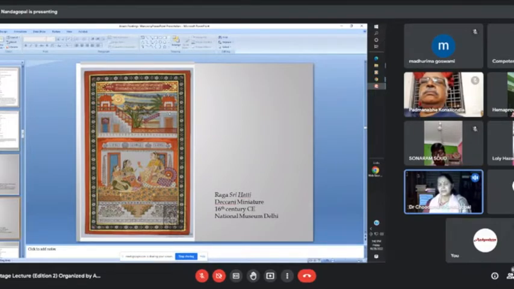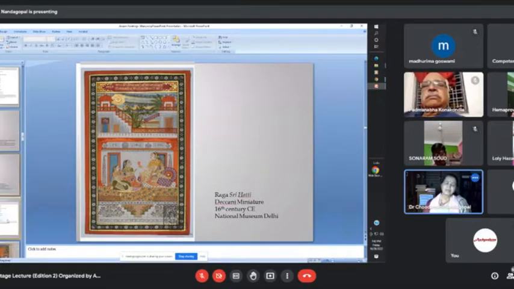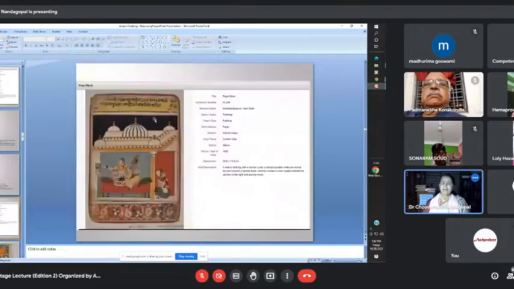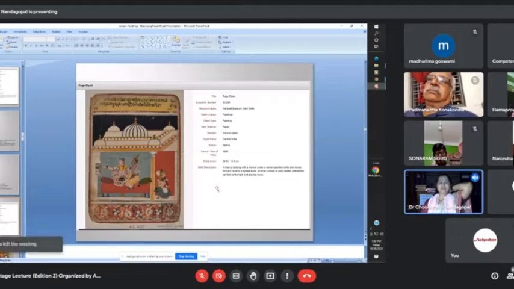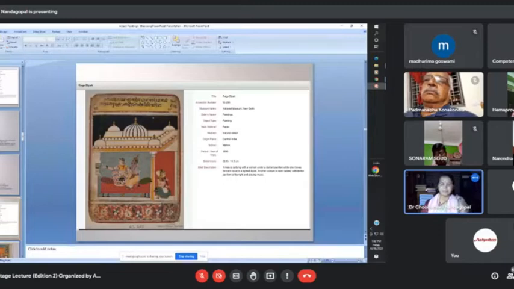That means this is so useful to musicians to understand the Ragamala concepts and the practice. And this is Deepak Raga, a male raga. I don't know how many of you know about these Ragamala paintings. You have male ragas, then raginis, and then ragaputras there.